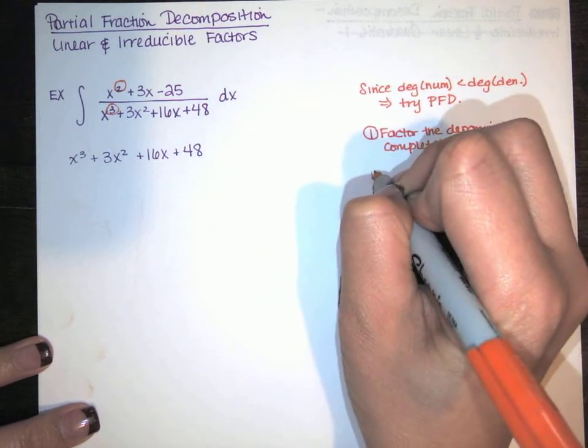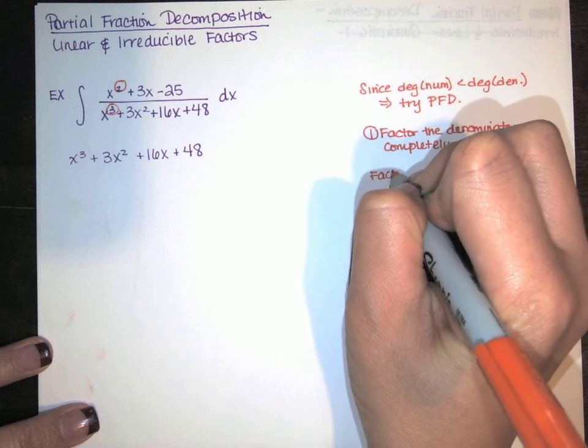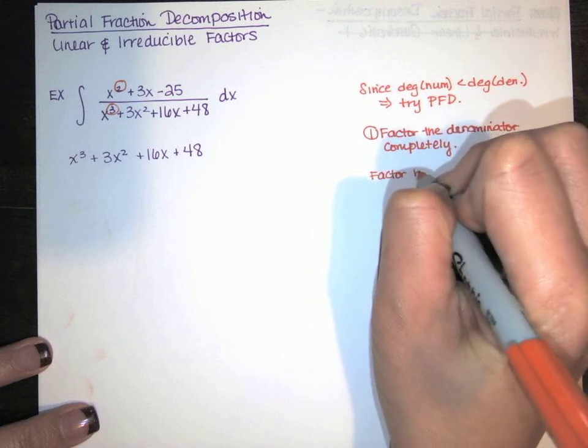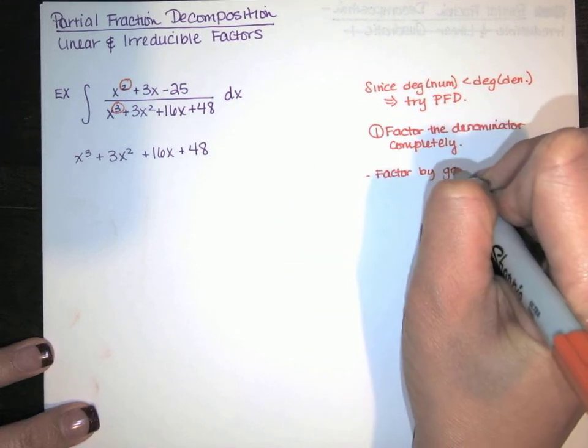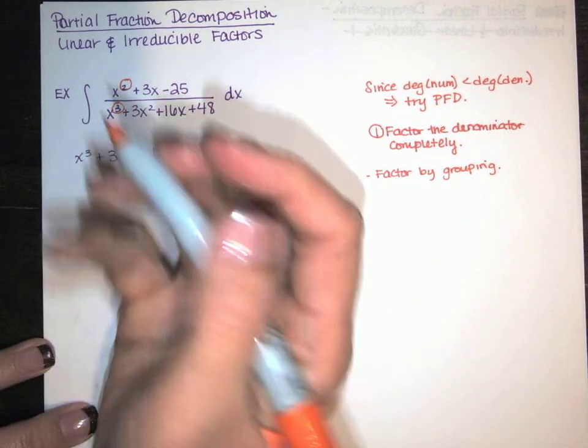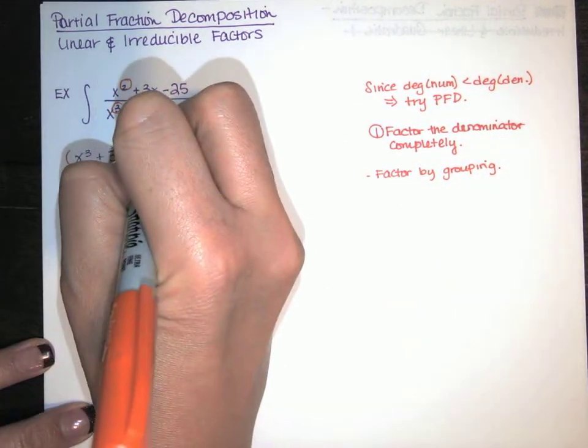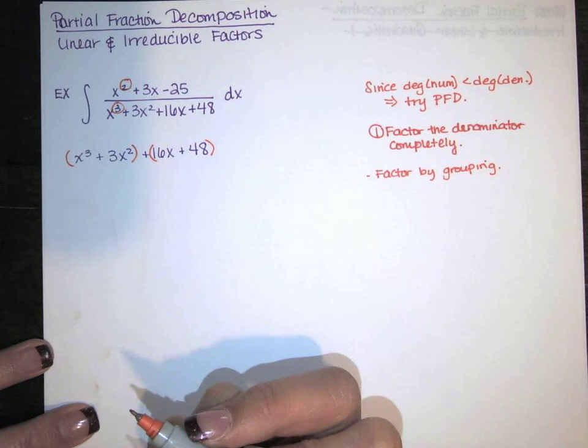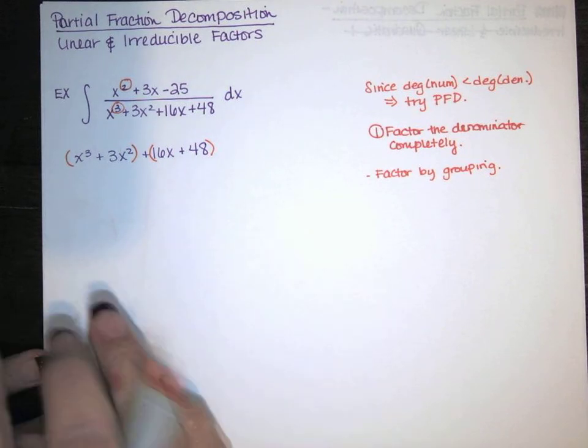So we're going to use factoring by grouping here, just because of the form, because I've got 4 terms. Now this may not work. We're going to see if it does.